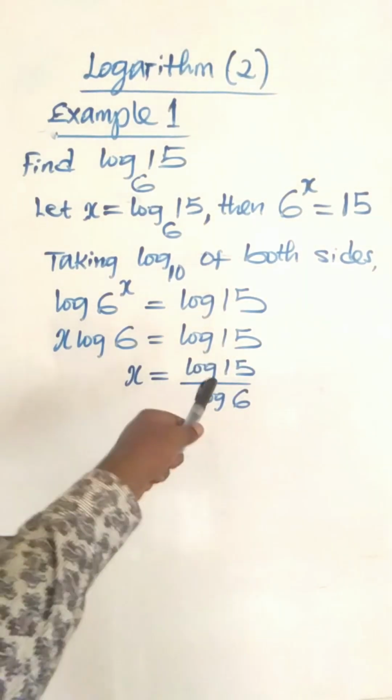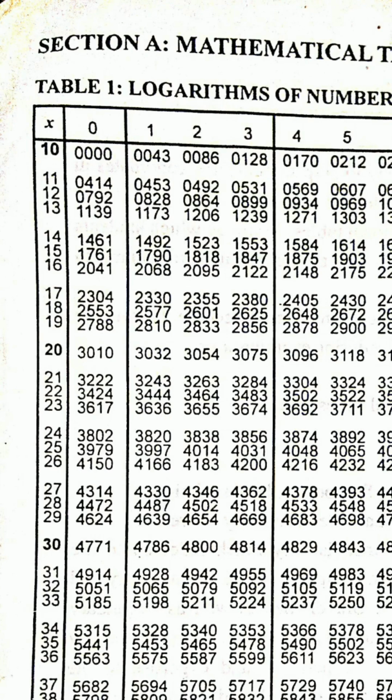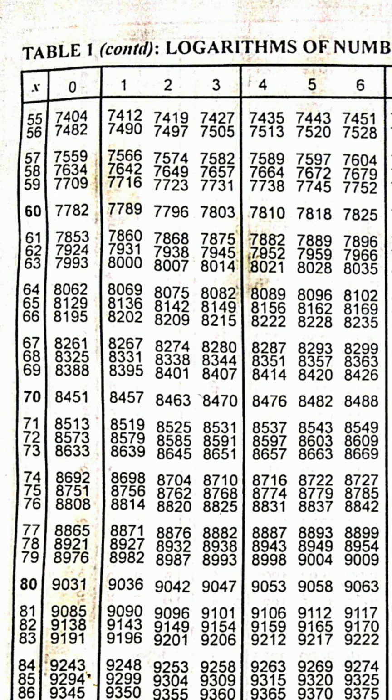Now let's check the log table for log 15 and log 6. To determine the logarithm of 15, simply check for 15 under 0, and that gives you 1761. To find the logarithm of 6, simply check for 60 under 0, and that gives us 7782, with the integer or characteristic of the logarithm being 0.